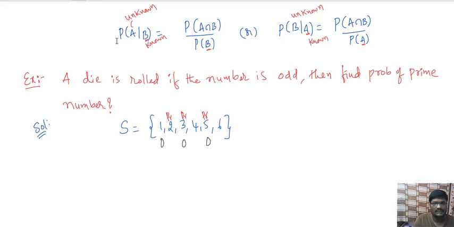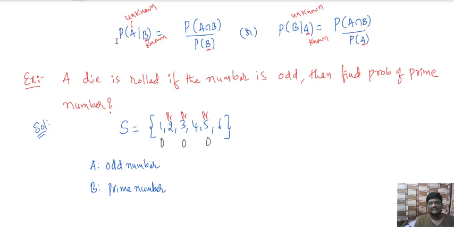So here you are having two events. One is odd number, event A, and B is prime number. Am I correct? Yes. I hope you people are following me. So odd number means you are having 1, 3, 5 and prime number is 2, 3, 5.